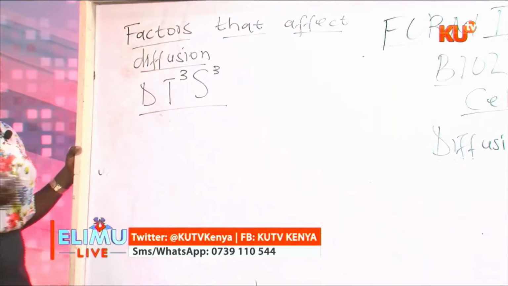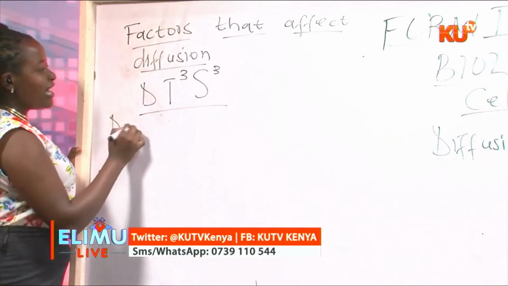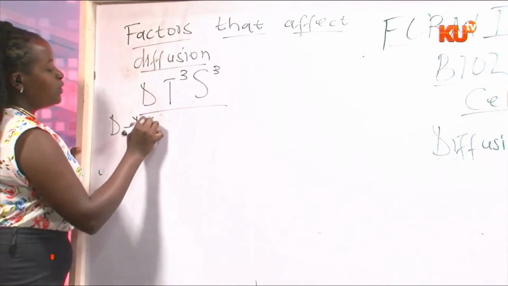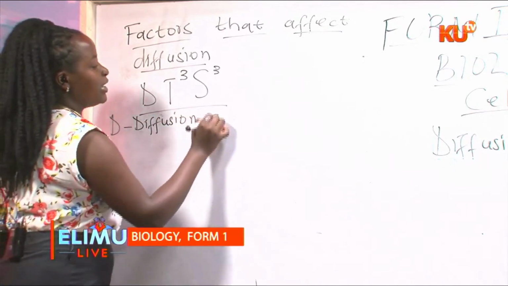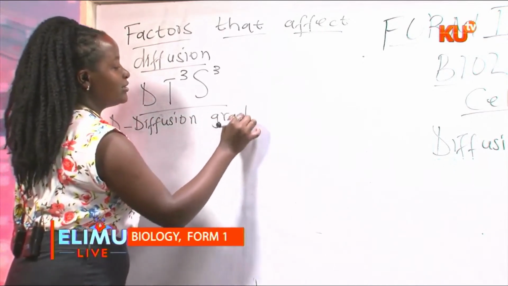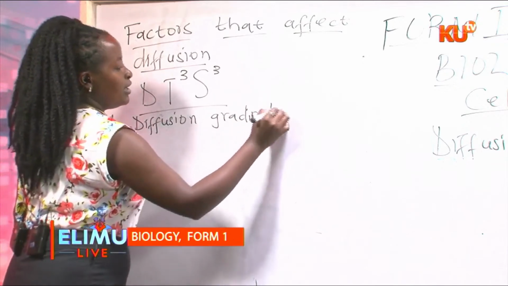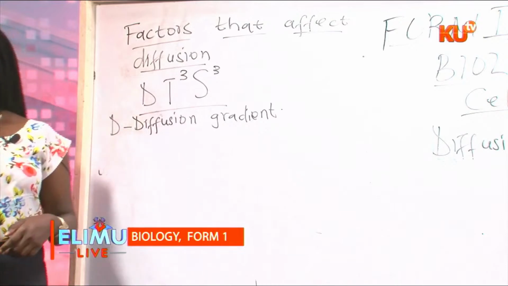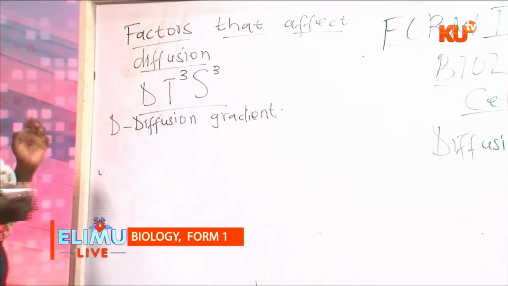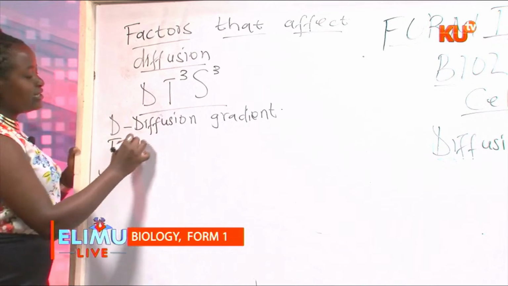So D stands for diffusion gradient. Then T cubed means that T has to appear 3 times. So the first T is temperature.